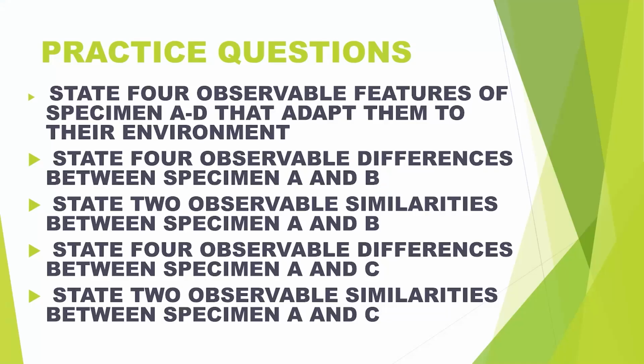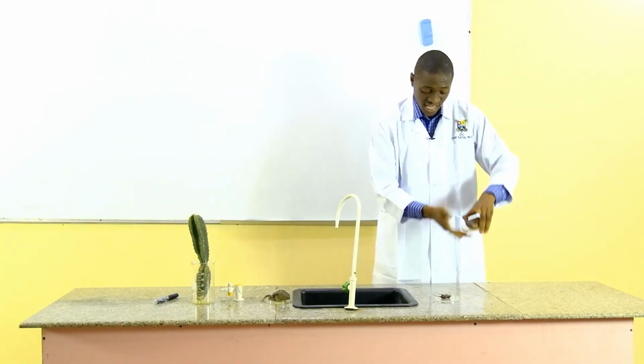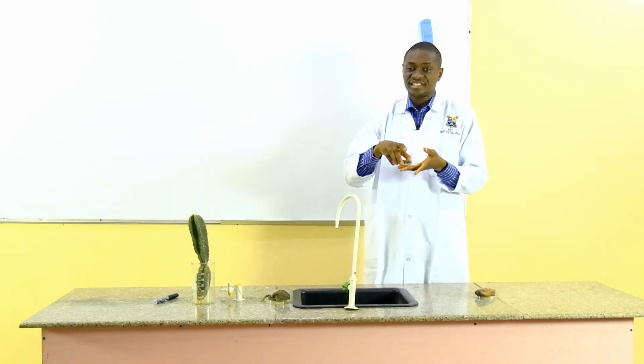Now, let's go to the next practice question. The next practice question says that we should state about 4 observable differences between specimen A and specimen B. Specimen A is tilapia fish, specimen B is rat.